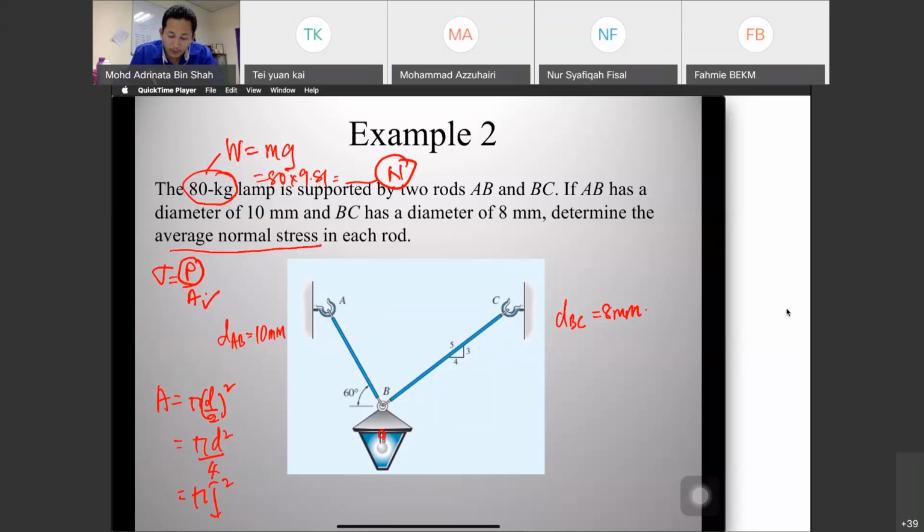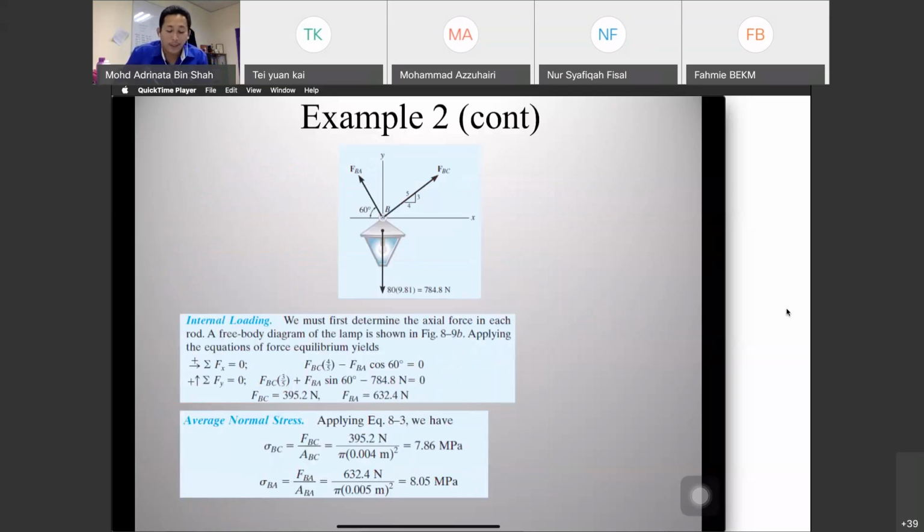So from this one, you have W, 80 times 9.81, and then you have your TAB, TBC. Okay, right. So FAB and FBC. So you need to solve the static first.